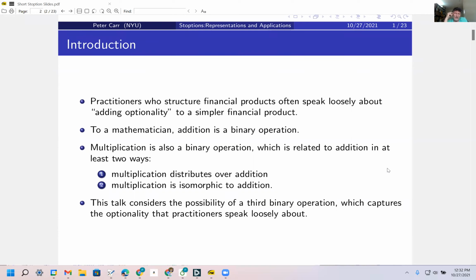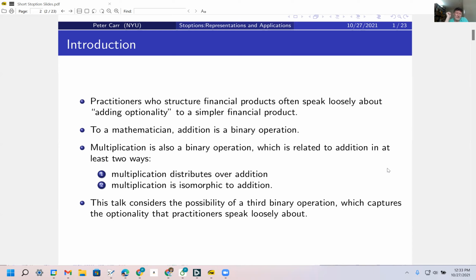mathematicians don't require binary operations to be restricted to familiar ones such as addition and multiplication. Multiplication is, however, a binary operation, and it's related to addition in at least two ways. Multiplication distributes over addition, and multiplication is isomorphic to addition.